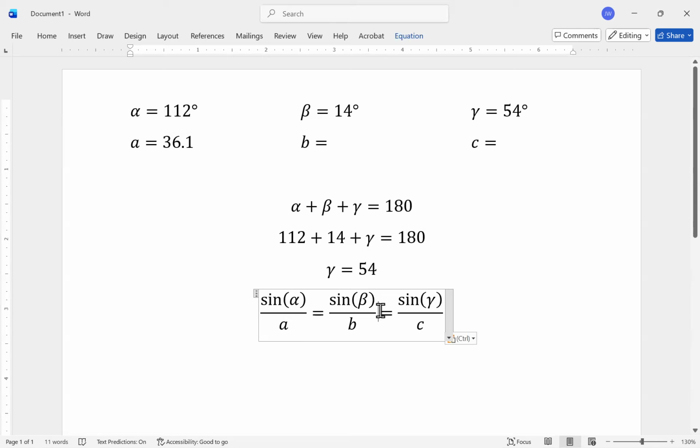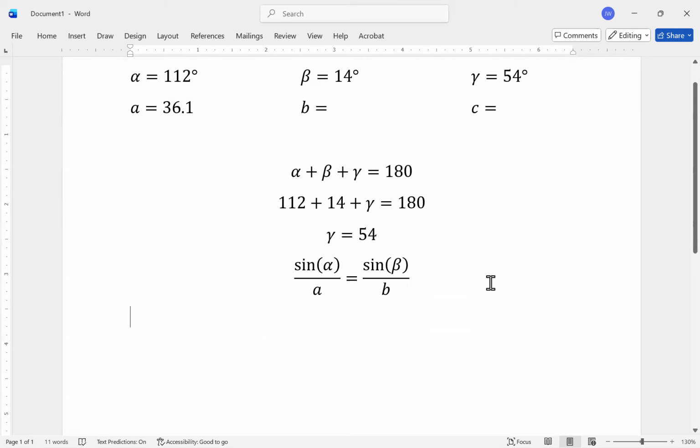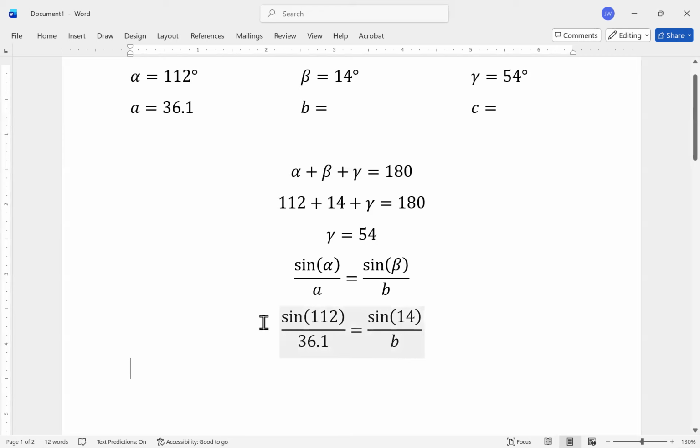Beta I also have. So if I ignore this last equal to, I can use this ratio in order to solve for B. In other words, we're going to take sine of 112 degrees divided by 36.1 and set that equal to sine of 14 degrees divided by B. What you would do to solve this is you would cross multiply.